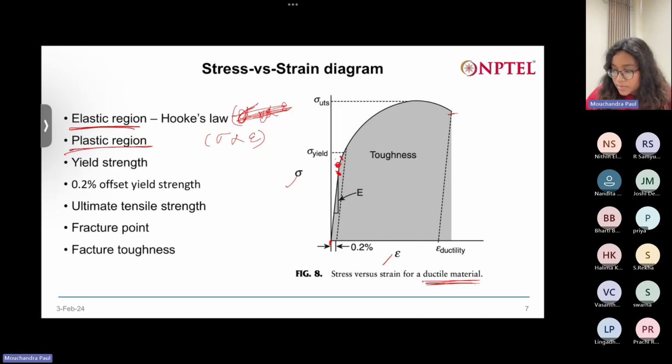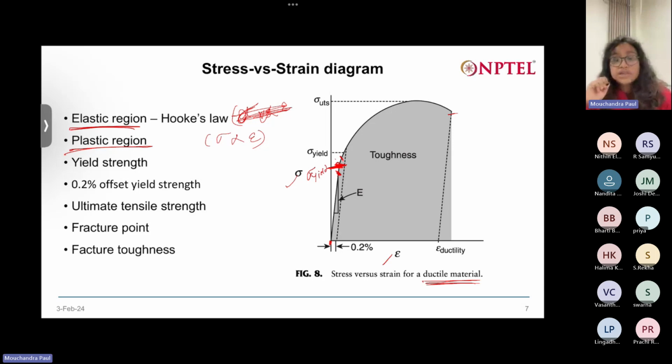Now I have marked this particular site in this graph. This site is called the yield strength.